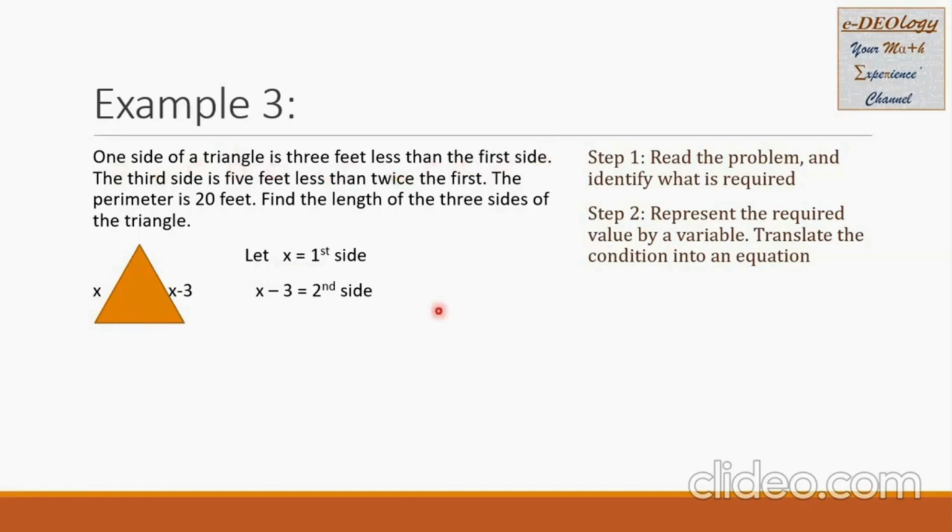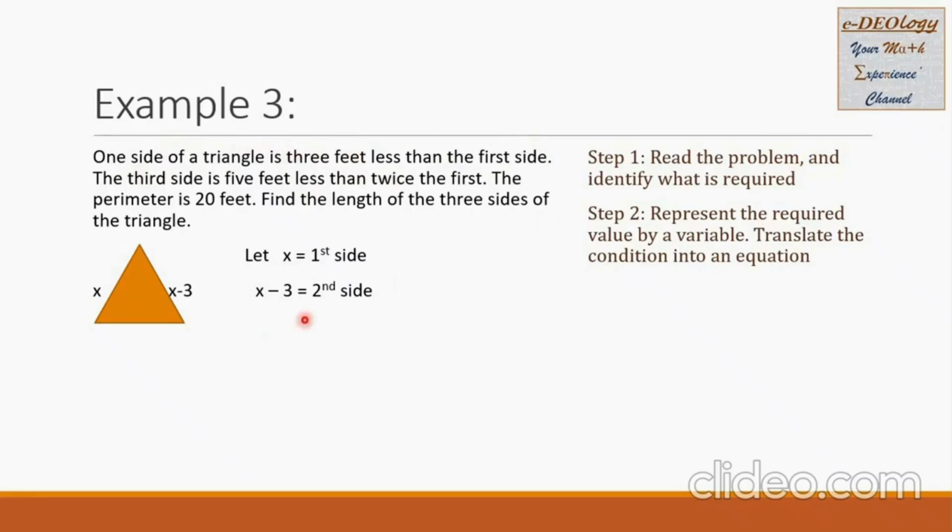The first condition describes the second side. So if we have the first side as x, the second side will be x minus 3. This is the mathematical representation of the first condition.